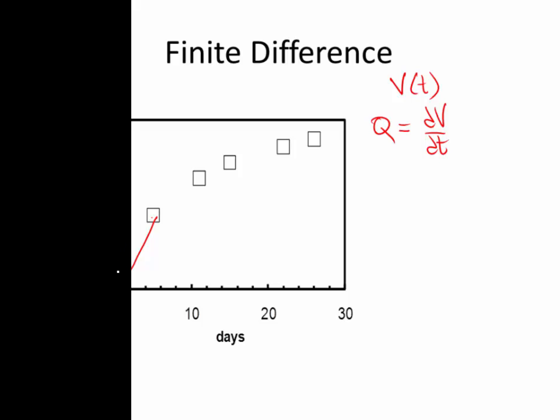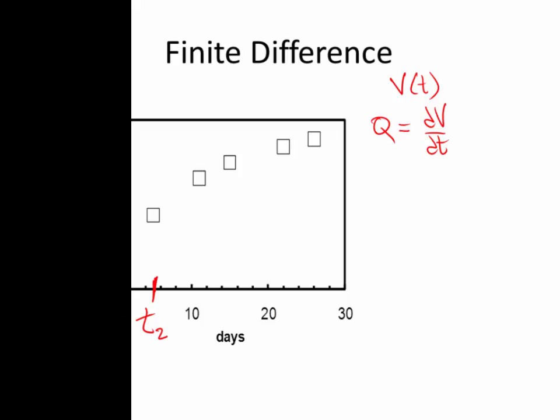And let's just say, as an example, that we want to get the slope at this point that we'll call T2. And I'm going to do that because I'm going to use this point here, and I'm going to call that T1.